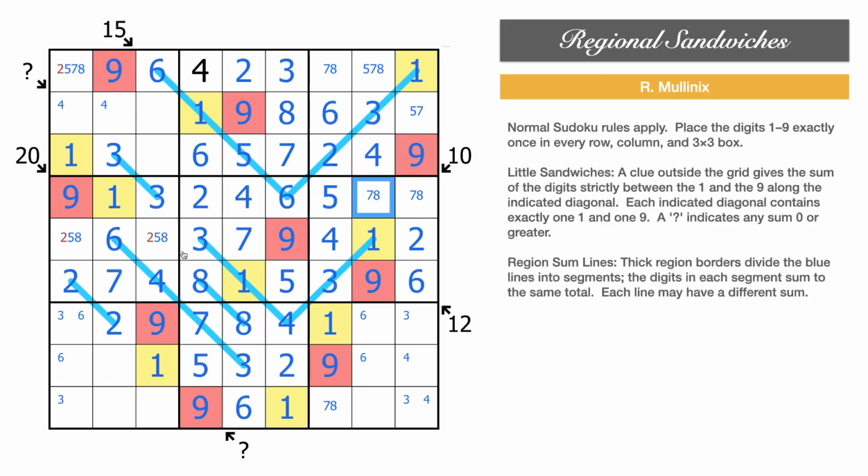7, 8. These are not 2. This is the last 8 in that row. 5, 8, 7. What am I missing? 2s here.